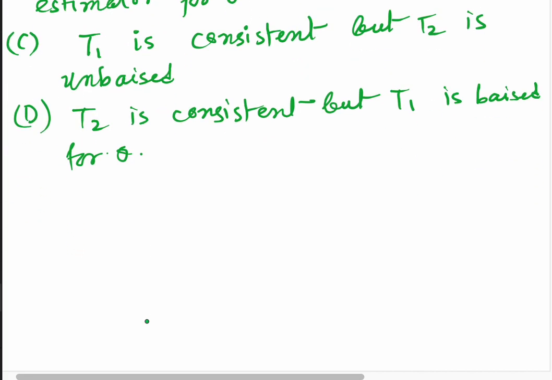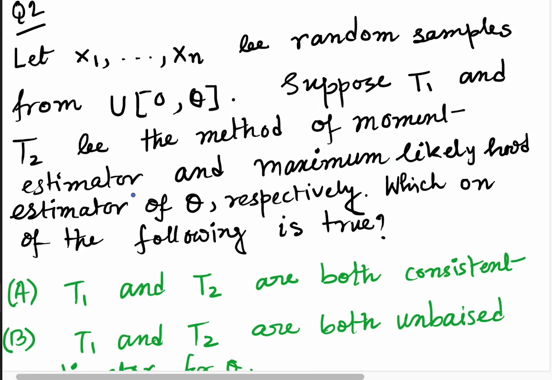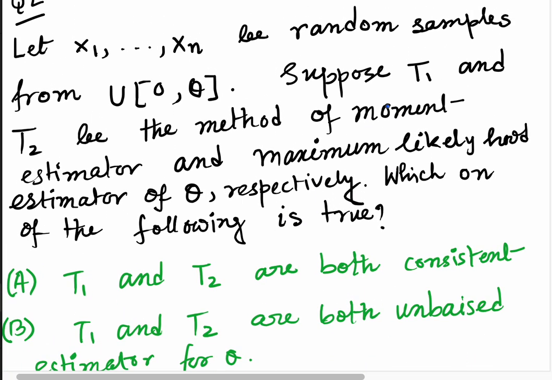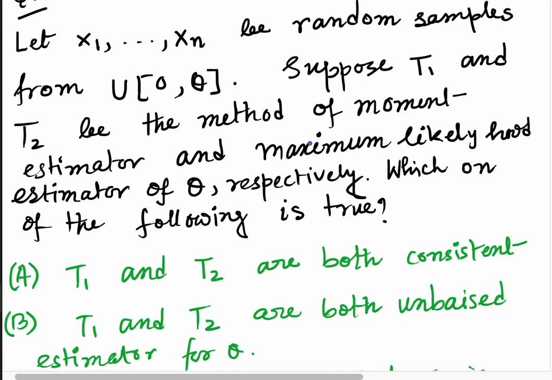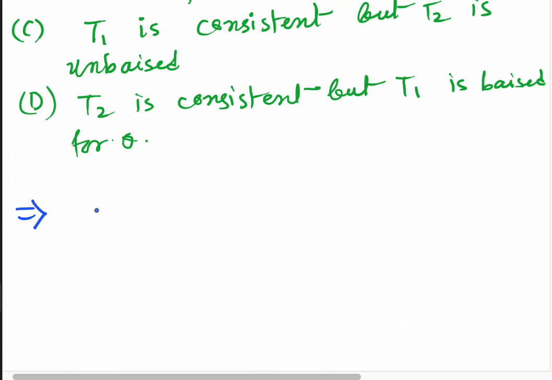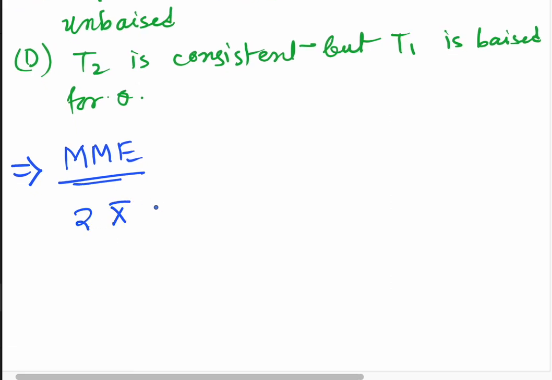So we're going to check that. First of all, T1 and T2. We get T1 from the method of moment estimator and T2 from maximum likelihood. Let's check that. First of all, the method of moment estimator. In this method we know that 2 x bar is equal to theta.